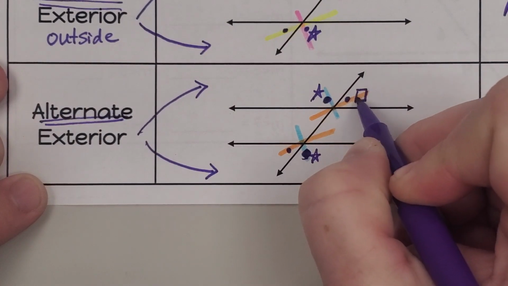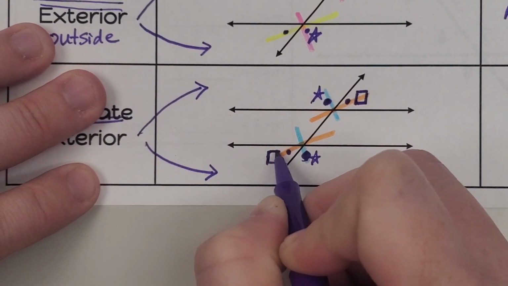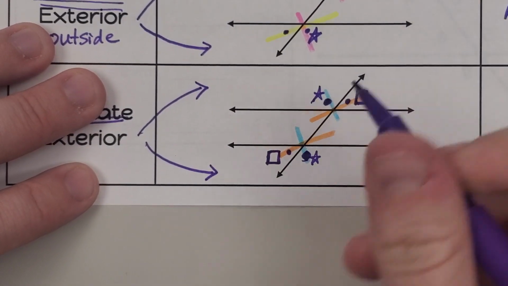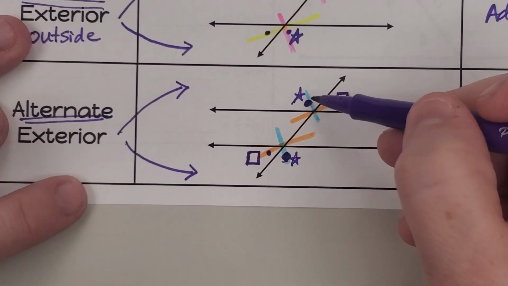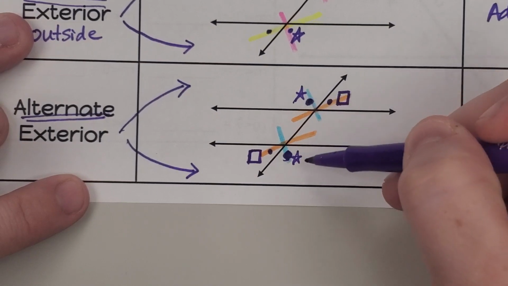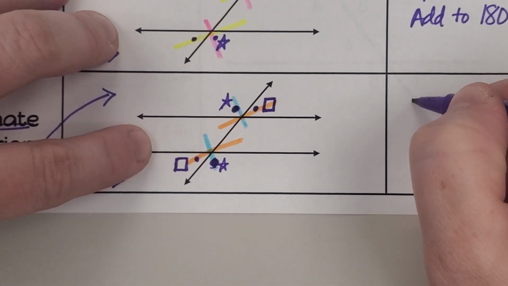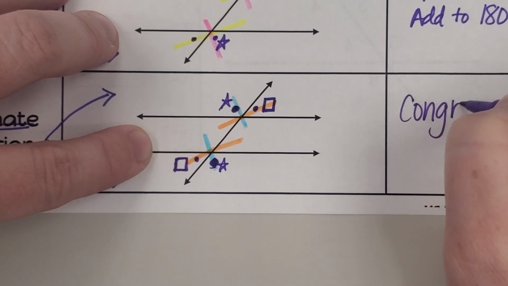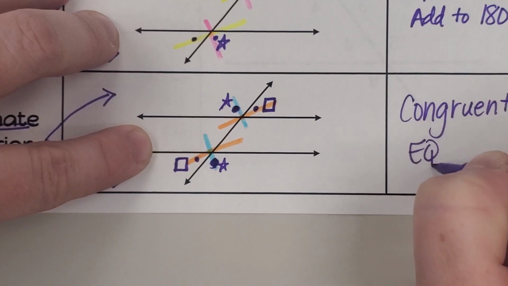Then I would have this angle over here pair up with this as well, because I would have a top right paired with a bottom left. Now when I look at those angles, I can see that this star, or this blue, would match up with this blue. So they are going to be congruent because they are equal angles.